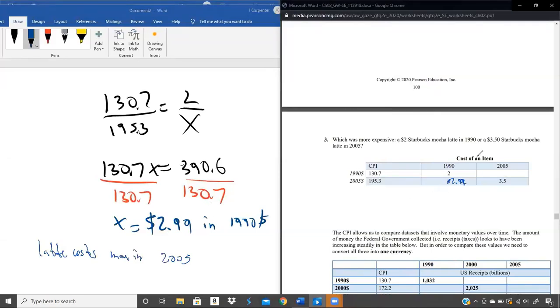So that says that Starbucks has increased their price with inflation, but they've also decided to charge a little more on top of that. Now, maybe they're charging more because maybe coffee beans are more expensive. Maybe their employees are more expensive to pay for now. Or maybe they just want a higher profit margin. It could be a combination of all of those things as well.